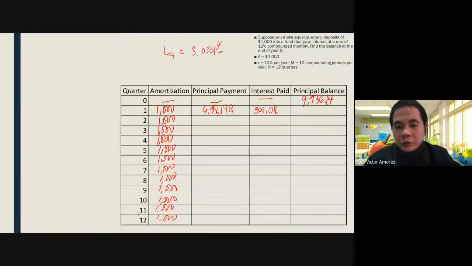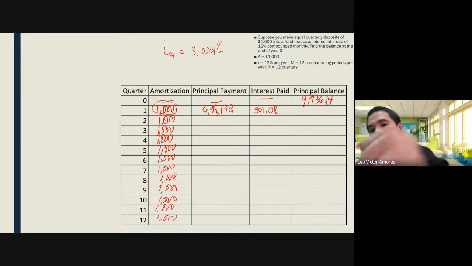So is that clear, class? You paid 1,000 every quarter and then a portion of it, 301, is associated to your interest paid. So therefore, the principal you paid out of the 1,000 is 698.92.